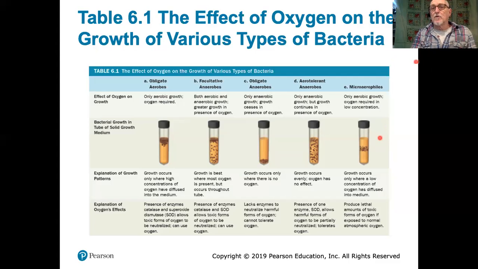And lastly, a group called the microaerophiles. Microaerophiles will grow in the presence of oxygen, but they don't like an abundance of oxygen. And they don't like total absence either. They like some oxygen, but only a small amount. And these are important because some clinical pathogens, for example, are microaerophiles. And that stands to reason.